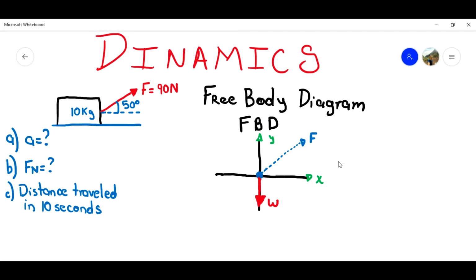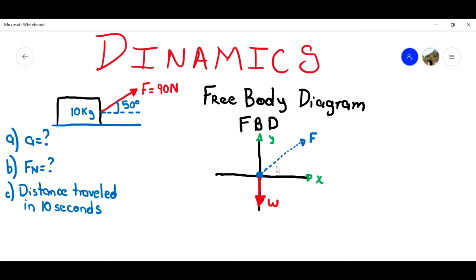Every vector has two rectangular components. So I'm going to decompose this vector into two rectangular components, fx and fy. We already saw that topic in the first videos. If you don't remember, I recommend you to watch them.